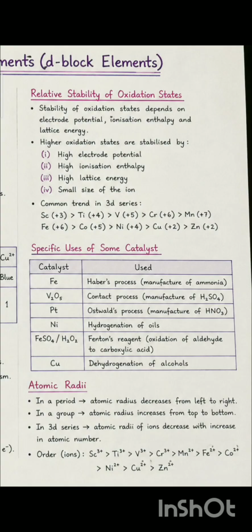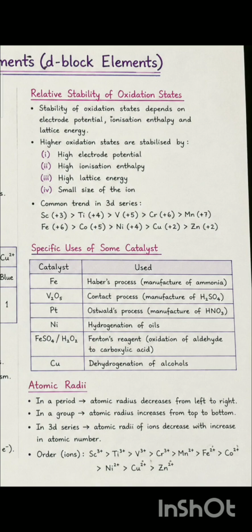The next one is specific uses of some catalysts. Iron is used as a catalyst in Haber's process, the manufacture of ammonia. V2O5 is used in the contact process to manufacture H2SO4. Platinum is used in the Ostwald process, the manufacture of HNO3. Nickel is used in hydrogenation of oils.